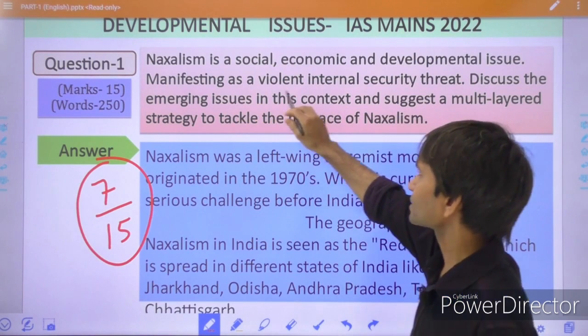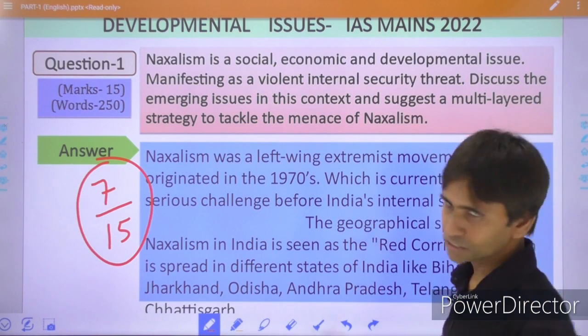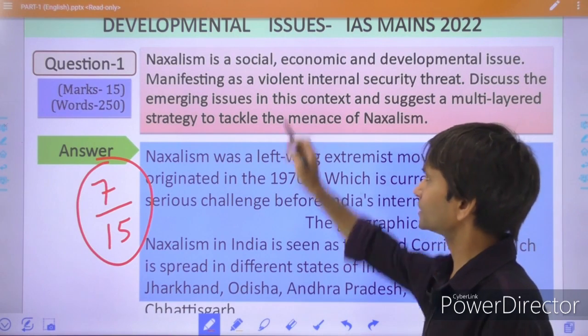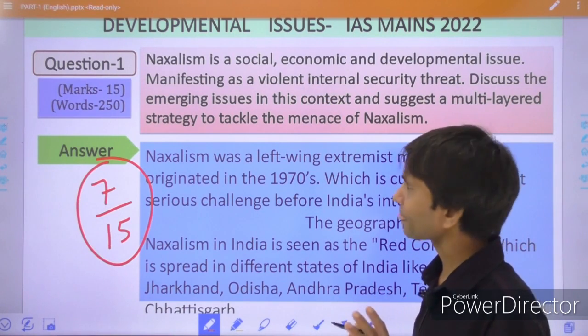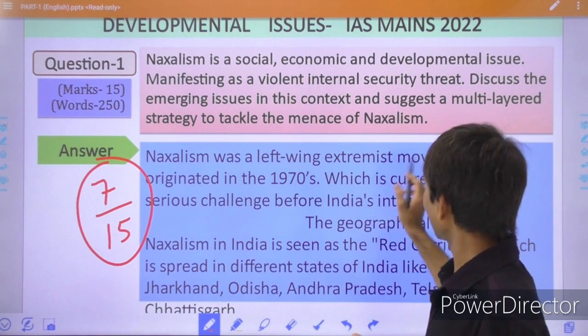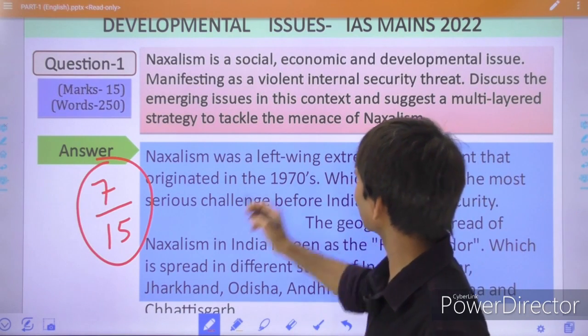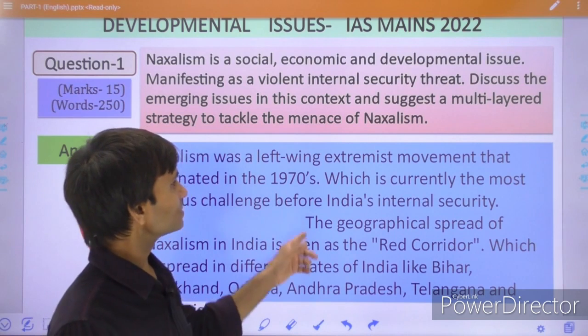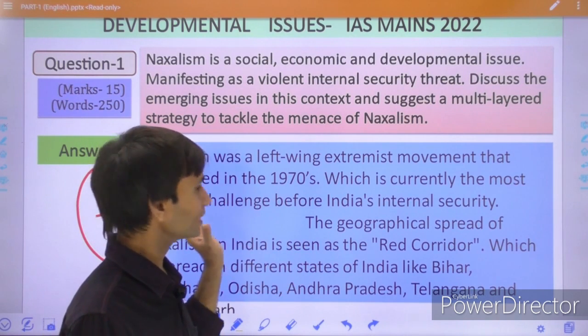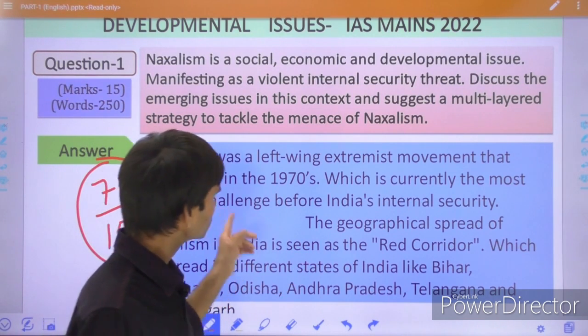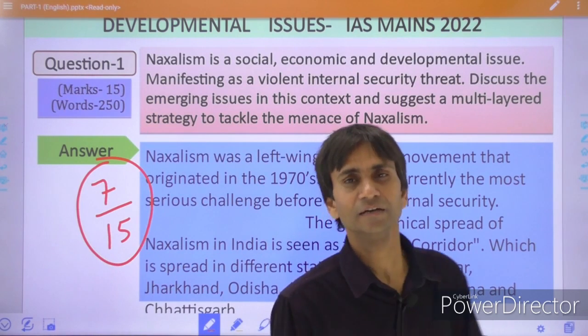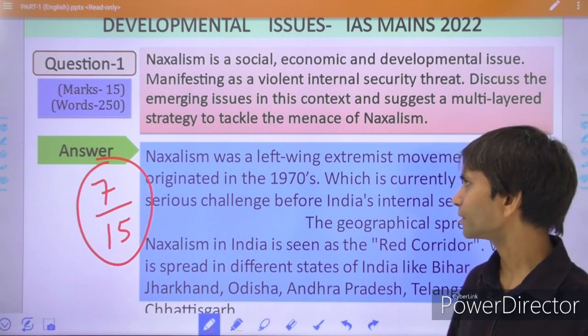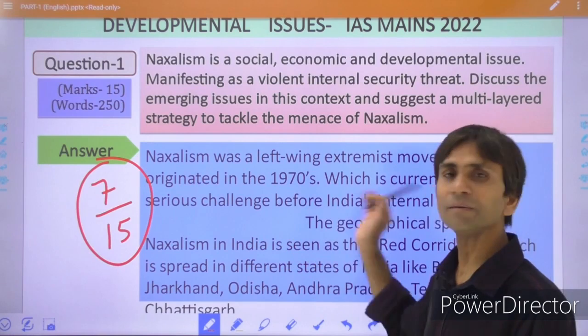See, Naxalism is a socio-economic and developmental issue. This is not reflected in the answer. The introduction is sufficient and we can add one line: Naxalism is an extremist leftist movement of India which started from the eastern part of the country, mainly West Bengal, in the 1970s.